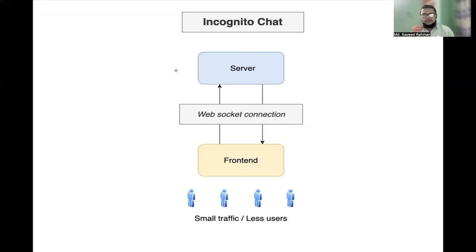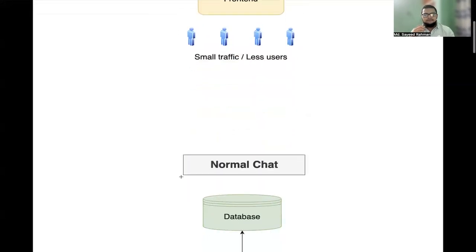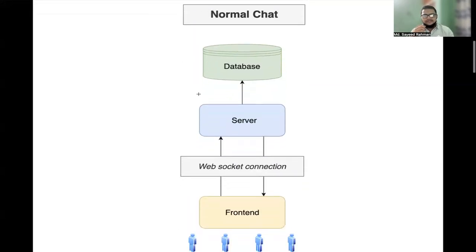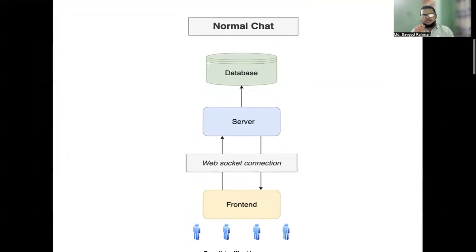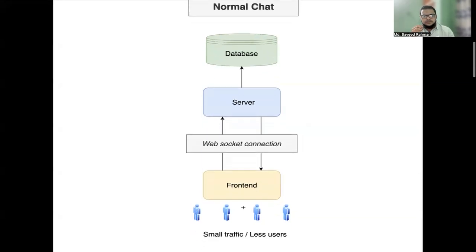So now we will look at what a normal chat design looks like. In the normal chat, you can see in the diagram, this is almost the same thing that we saw in the previous diagram. There is also the user base, a front-end application, a back-end server application, and a WebSocket connection in between.